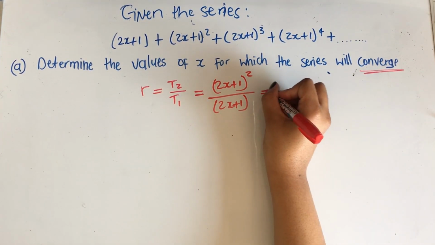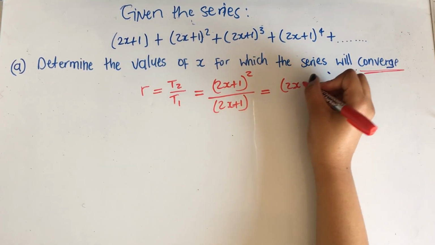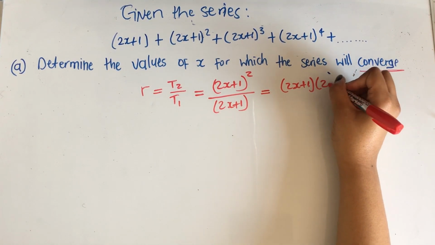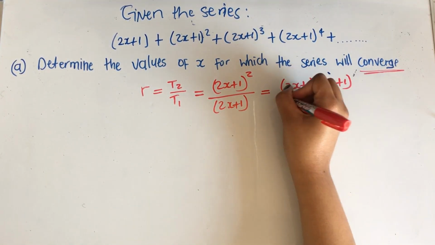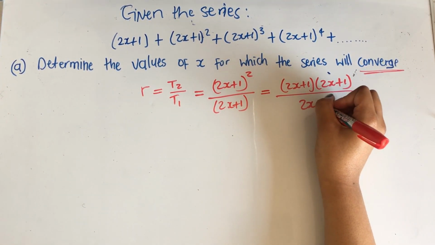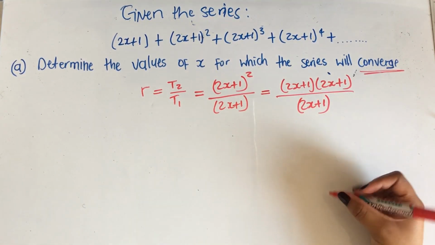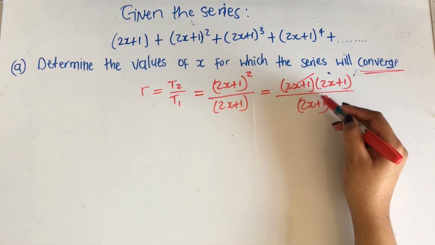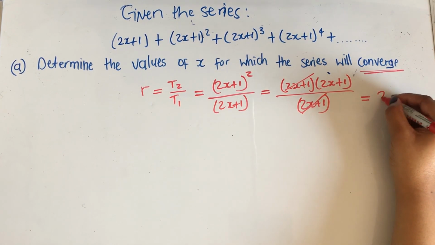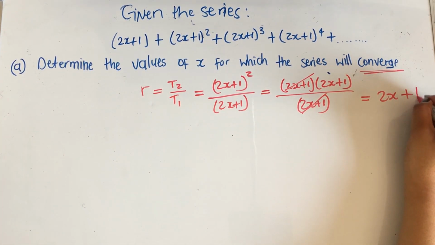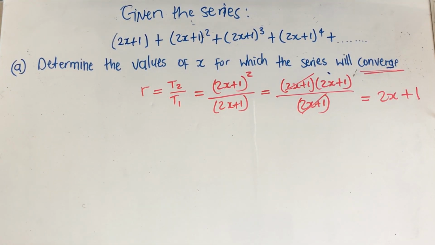Alright, and this is the same as 2x plus 1 multiplied by 2x plus 1 divided by 2x plus 1. And then this will cancel that. We are left with what? 2x plus 1 over 1, which is the same as 2x plus 1. So that is our r.